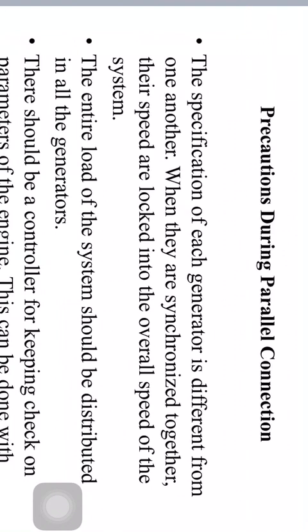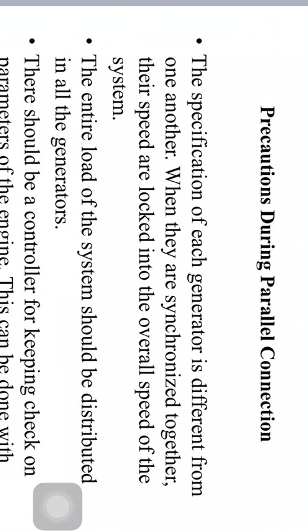The specification of each generator is different from one another, and when they are synchronized together, their speeds are locked into the overall speed of the system.